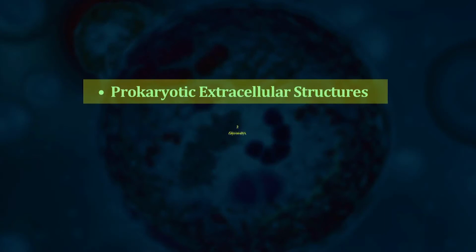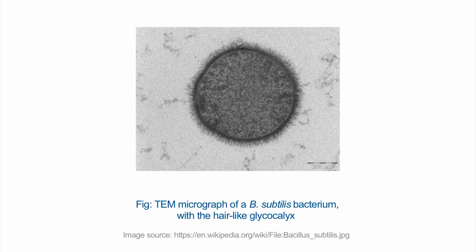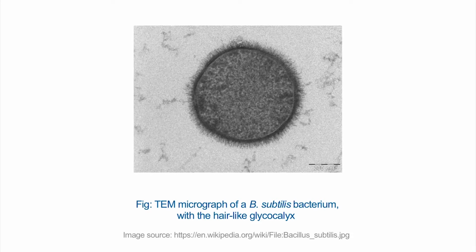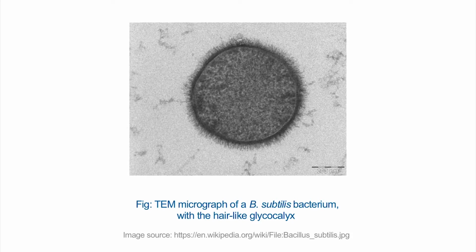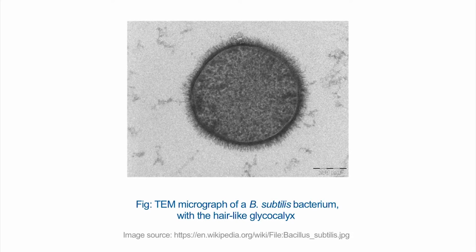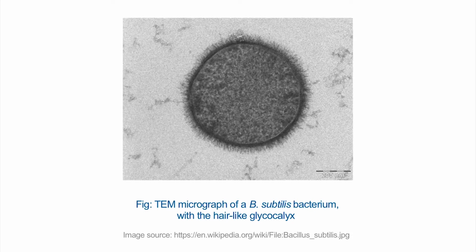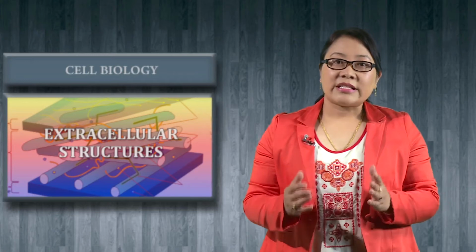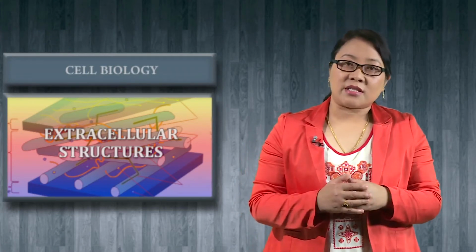The next structure is the glycocalyx. The glycocalyx, also called capsule or slime layer or extracellular polysaccharide, is a gelatinous polysaccharide and/or polypeptide covering lying externally to the cell wall. The exact chemical composition varies depending on the species.